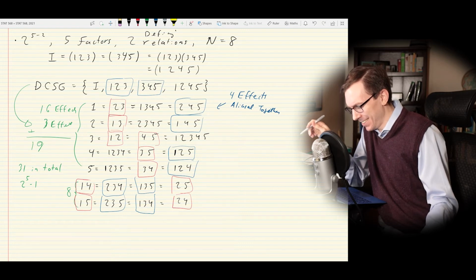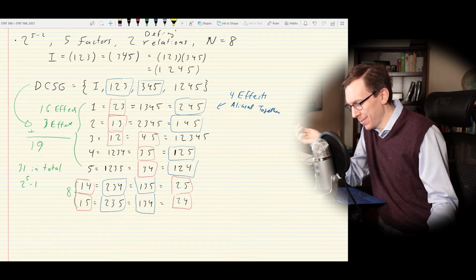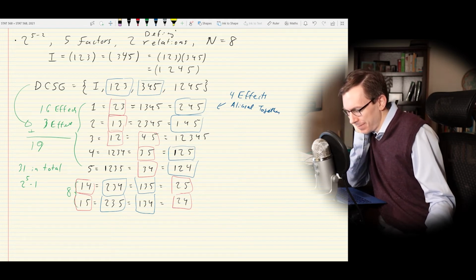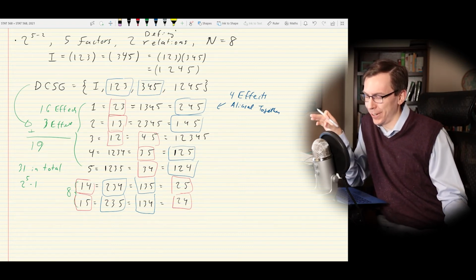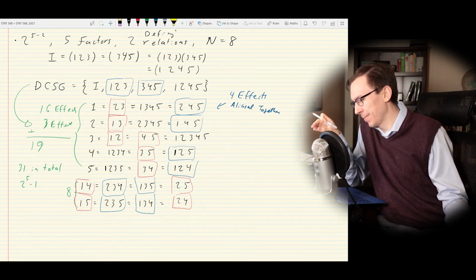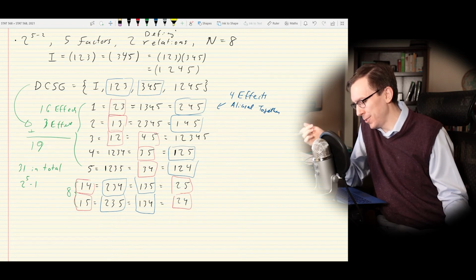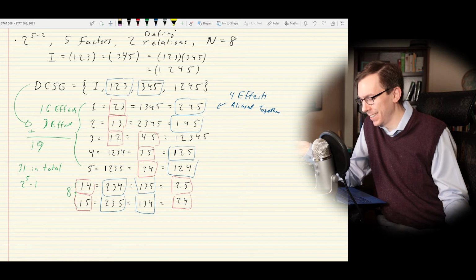Did we get all the terms? 1, 2, 3, 4, 5. No, we're still missing a whole collection of... I feel like I'm missing something here, right? Because if we have a four-way term, it would have to be aliased with a two-way term. Oh no, 1, 2, 3, 4, 5, 6. No, we have everything. That's the problem.